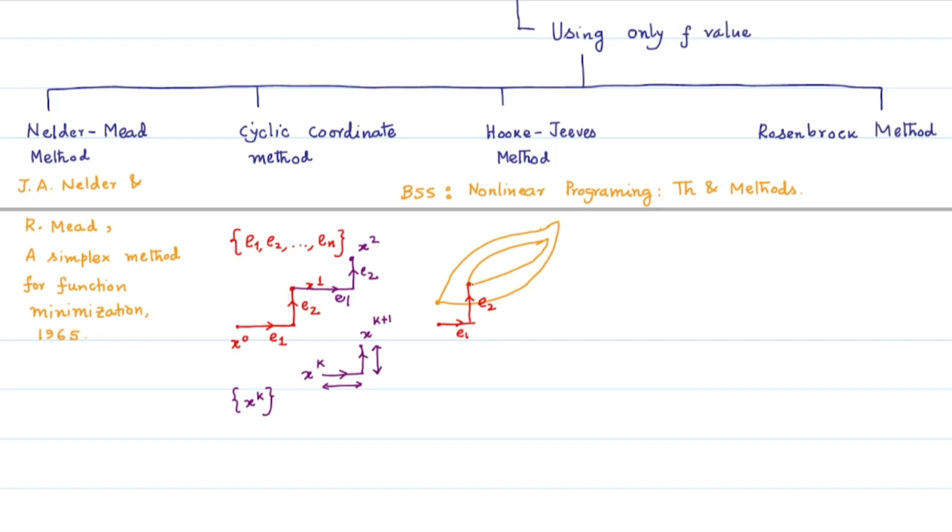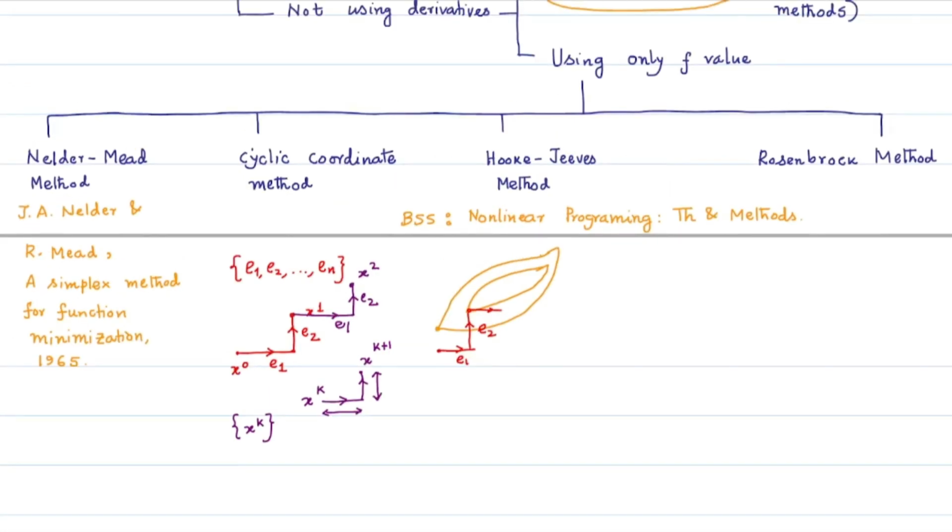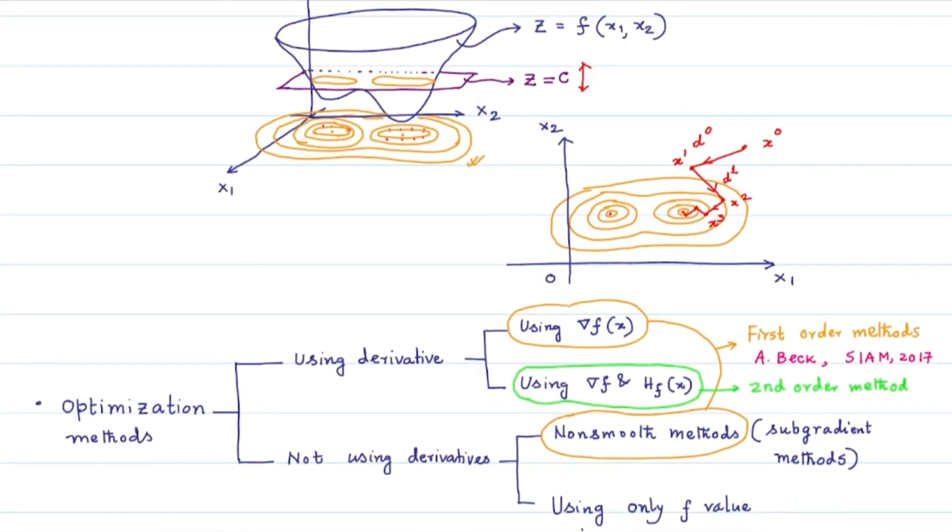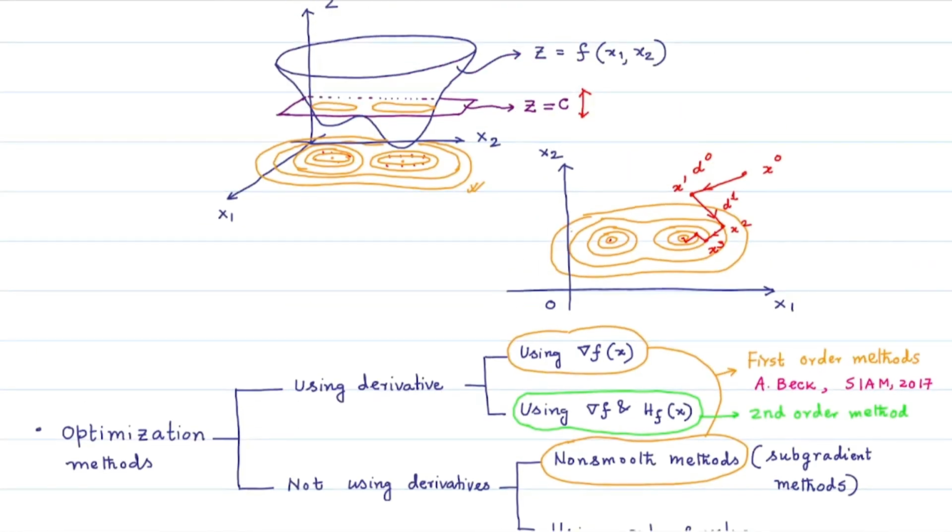At this surface, we notice that the direction e1 is not a descent direction because the function value gets degraded inside this curve. While drawing the level curves, if we are at a particular point, let's suppose over here, then the function values are not degrading along these directions, but they are degrading inside these inner curves.